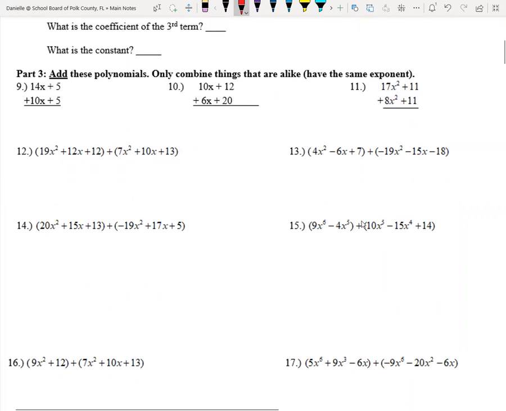Adding polynomials together, we need to add our like terms. So I'm going to highlight. I have x squared and x squared. I have x and I have x, and then I have my constants.